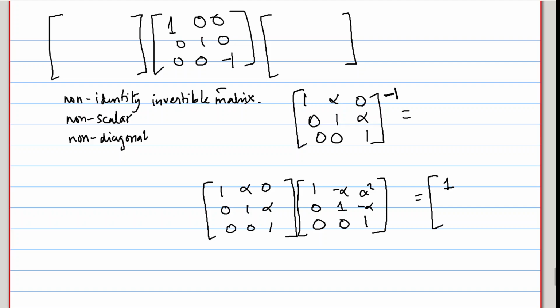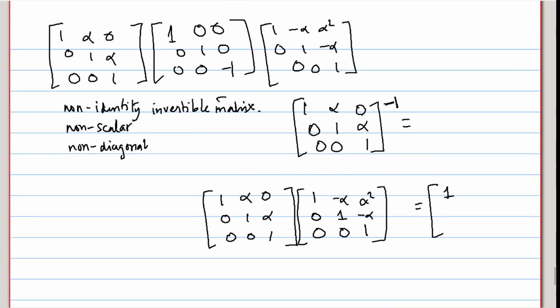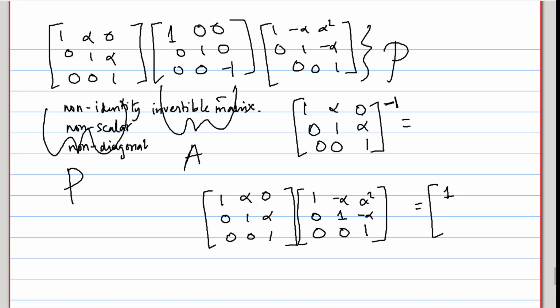Now what I'll do is multiply this matrix by 1 alpha 0, 0 1 alpha, 0 0 1, and multiply by 1 minus alpha alpha square, 0 1 minus alpha, 0 0 1. Call this matrix A, call this matrix P, and this is P inverse.